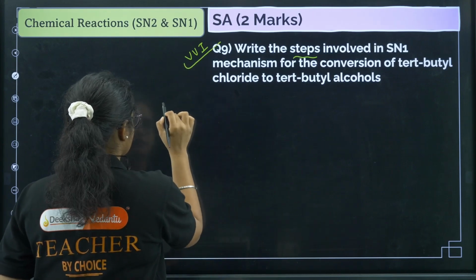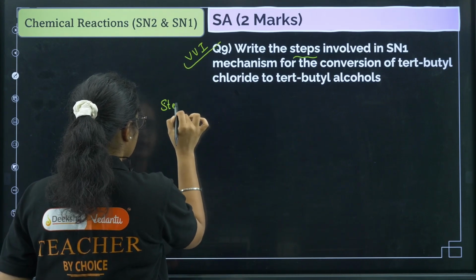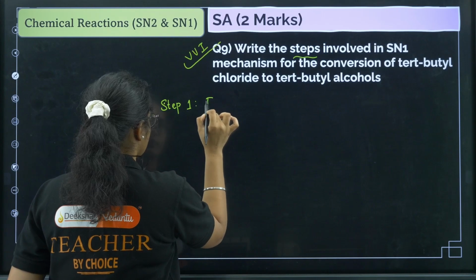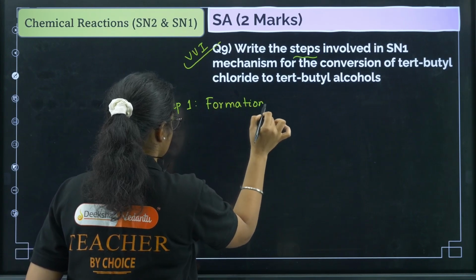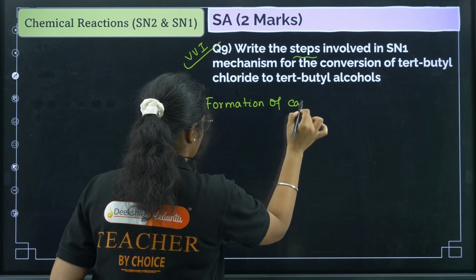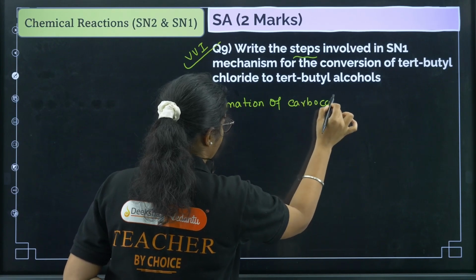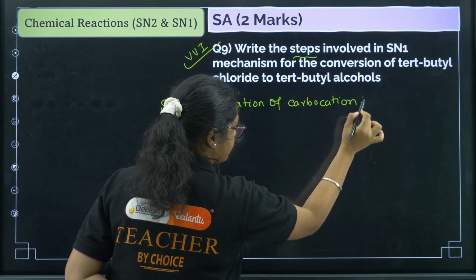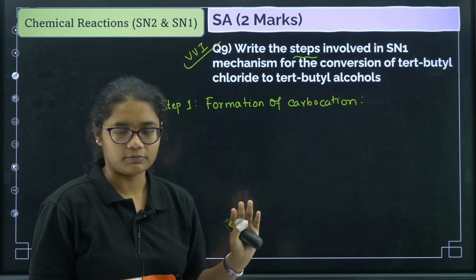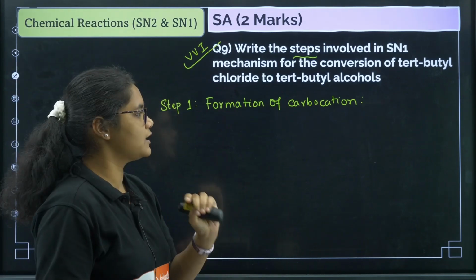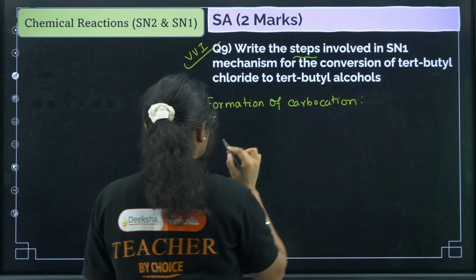So step 1 is formation of carbocation. I hope all of you know about this, I'll be telling you the answer. We need tert-butyl chloride, right?